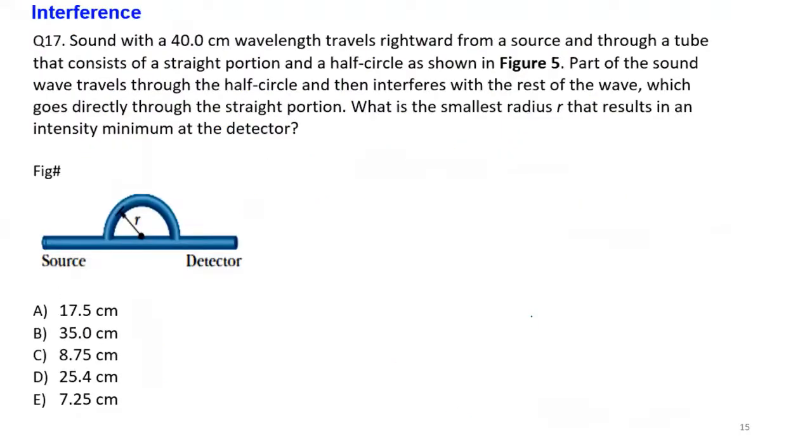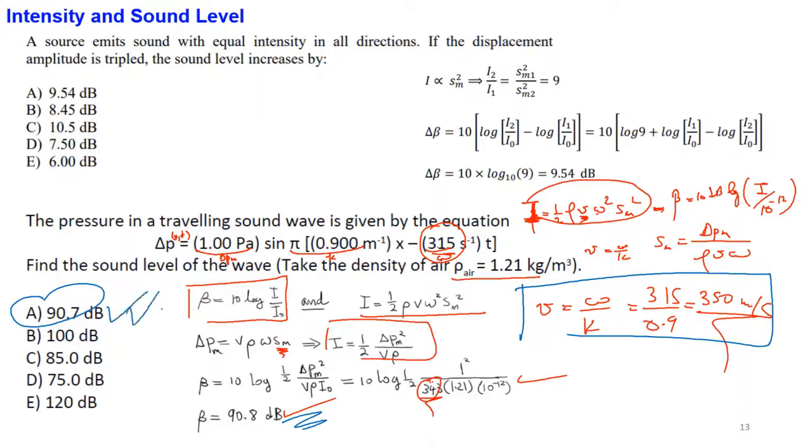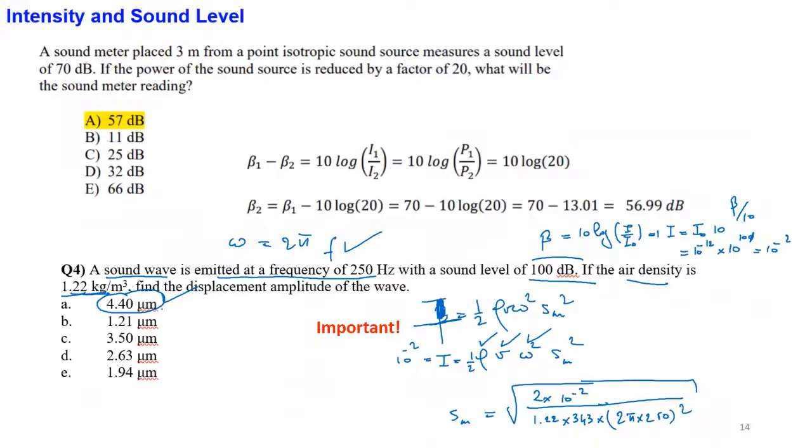Right. Now let's go to interferences. So in this example, needless to say that if you take the speed that we calculated here, which is 343, you will get this. This is the right answer. We already solved this.